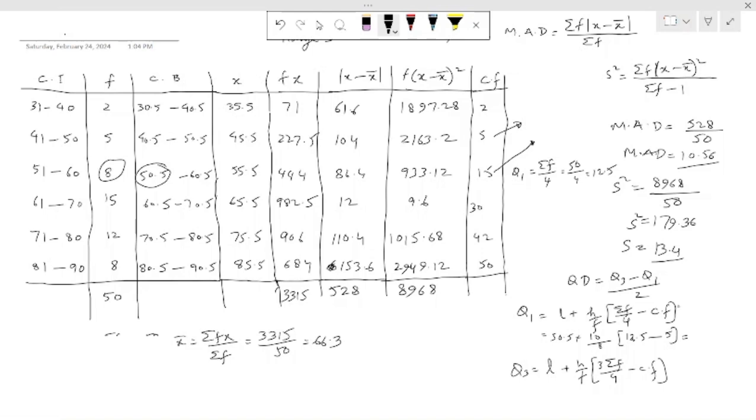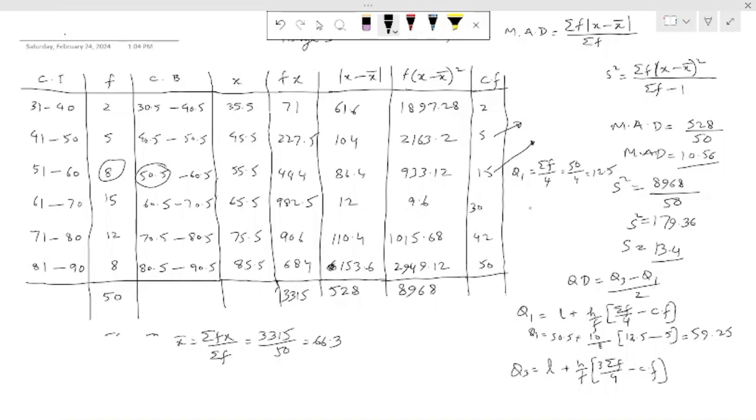So first of all, 7 divided by 7 multiplied by 10, and then divided by 8. Take care of BODMAS rule over here. And then this is coming up 8.75, and then add it to 50.5, which is the lower class boundary of the lower quartile group. So lower quartile Q1 is 59.25 for this data.